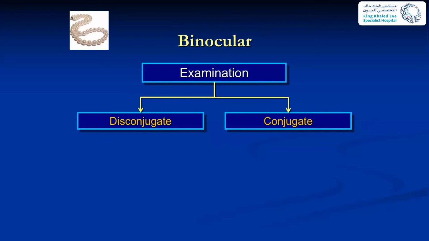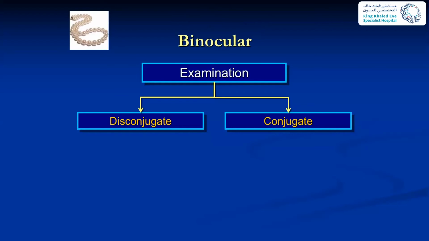Now, in binocular nystagmus, there are two terms we have to distinguish. Is it conjugated or disconjugated? What is the meaning of conjugated and disconjugated?